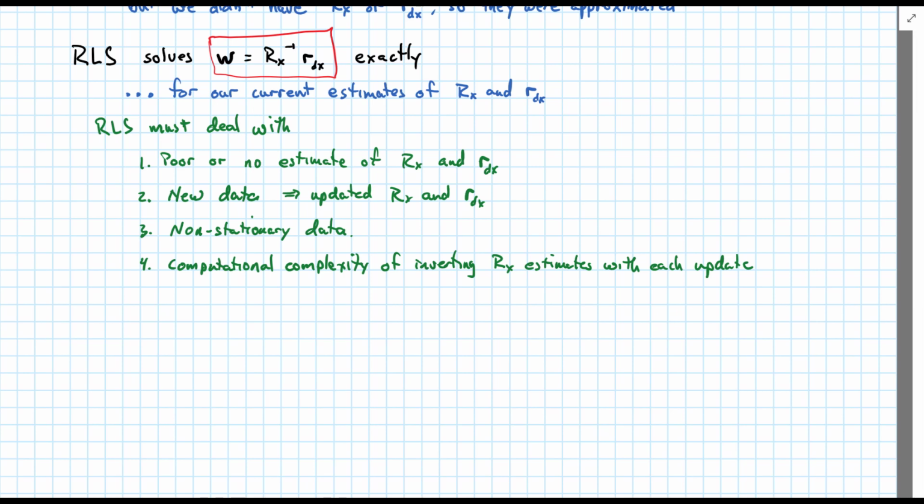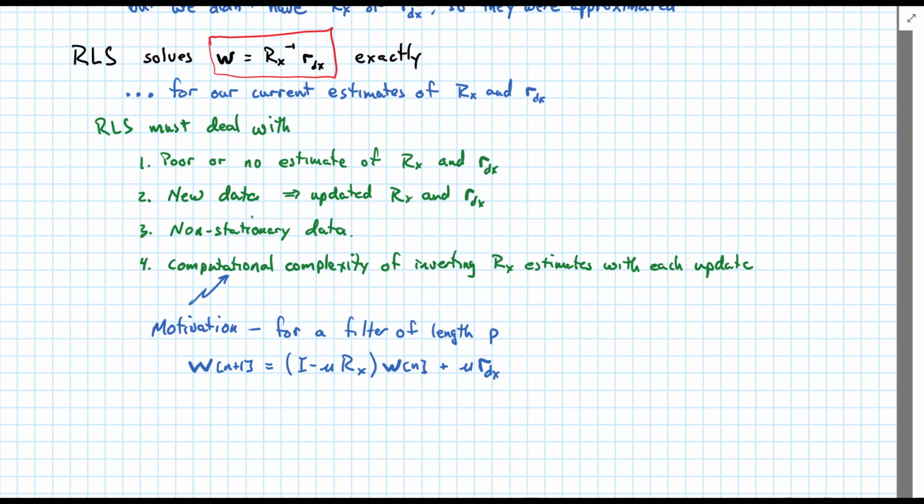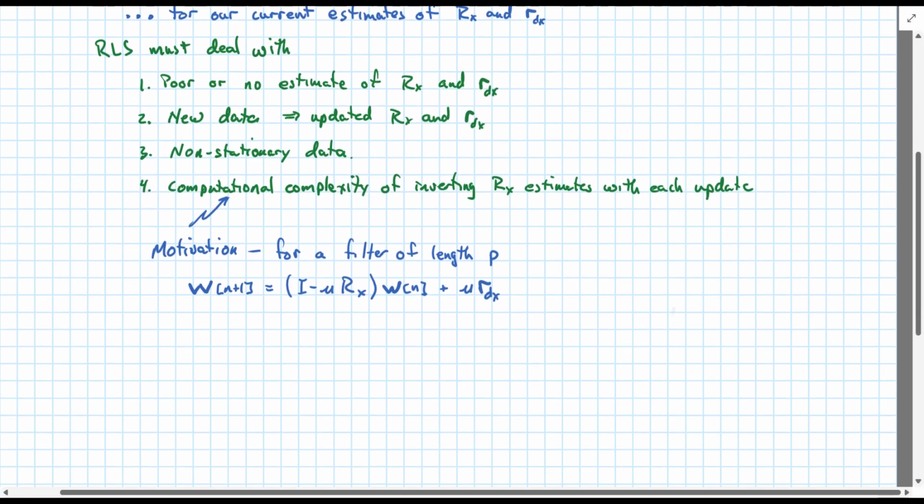Let's assume we had a filter of length p. We could solve for the ideal weights using gradient descent.